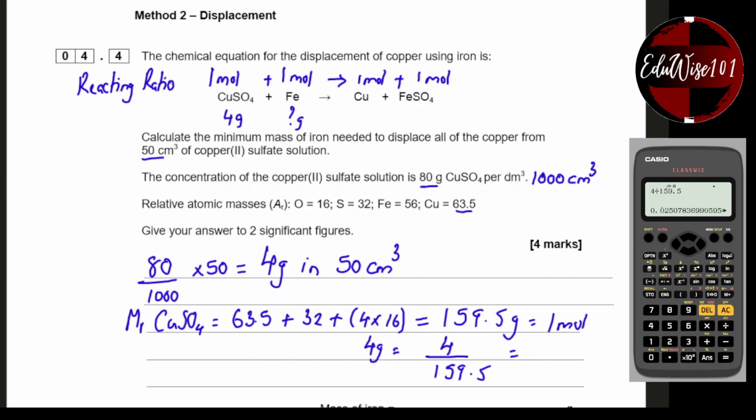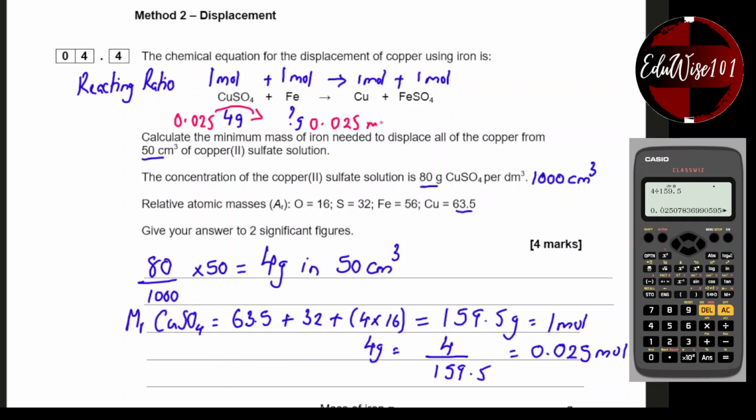That gives me 0.025 moles. So what we found was that we are reacting 0.025 moles of copper sulfate, and that should give us the same moles of iron.